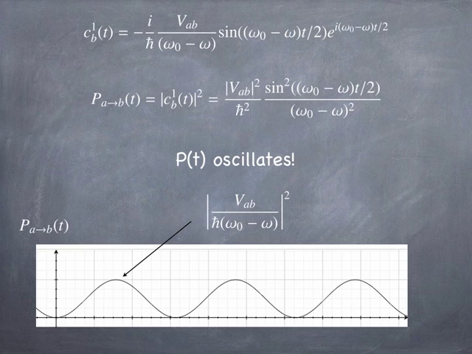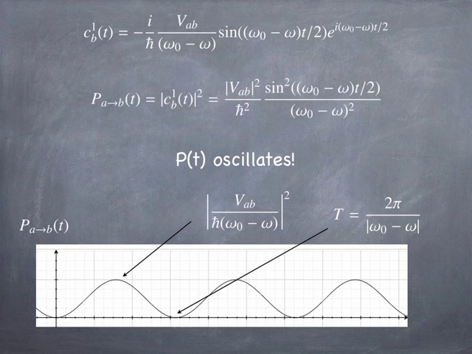Detuning is a measure of how far the electromagnetic wave frequency is from the resonant frequency, omega B minus omega A. And of course it's proportional to the matrix element of the perturbation, VAB, the amplitude of that matrix element between the two states. That's the idea. And also the period of that oscillation depends on the detuning as well. So if the detuning goes to 0, the period becomes very large. So you can think of it as almost like beats. There's almost a beat between the electromagnetic field frequency and the resonant frequency.